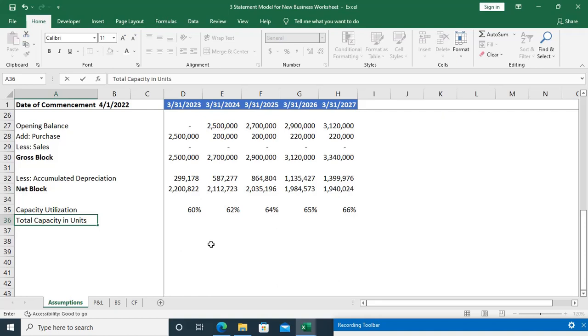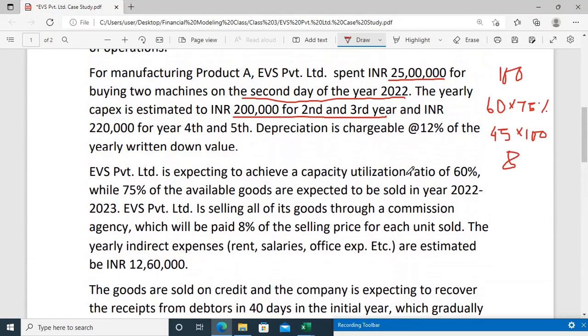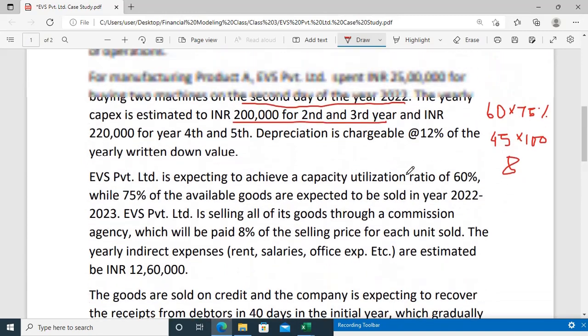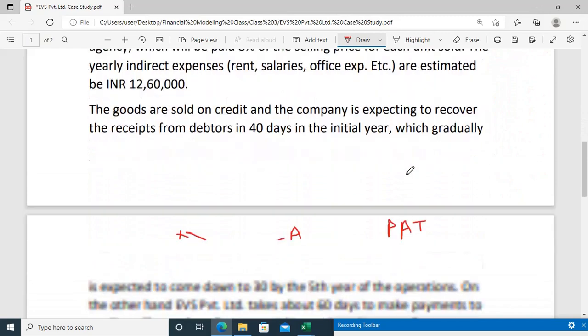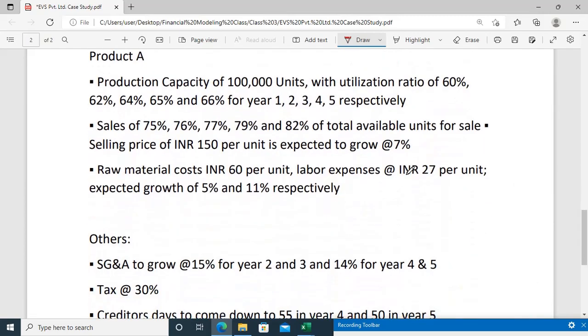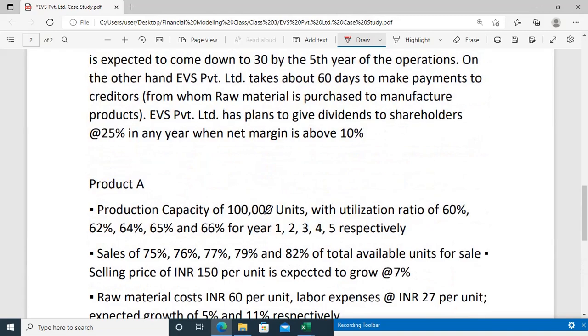Total capacity in units. What was the total capacity? 1 lakh units, if you remember. Yes, production capacity of 1 lakh units.